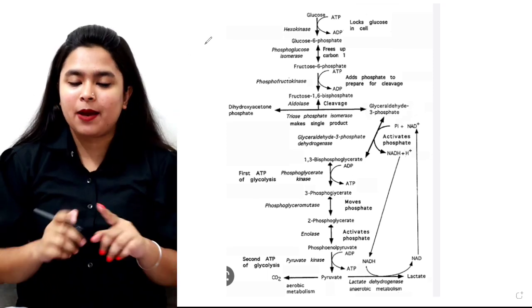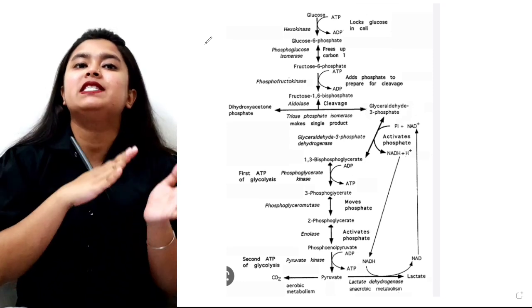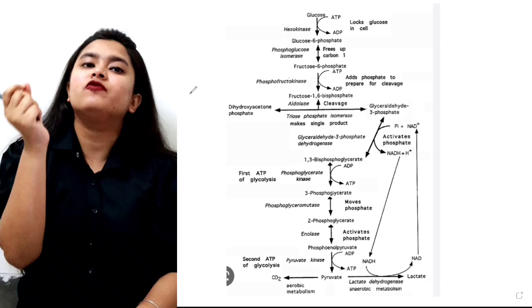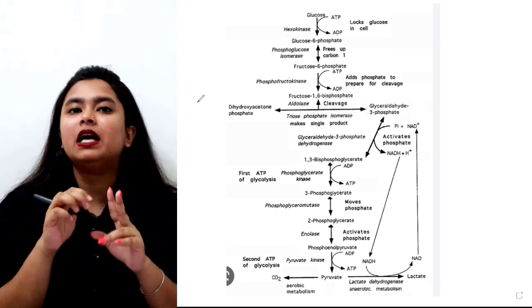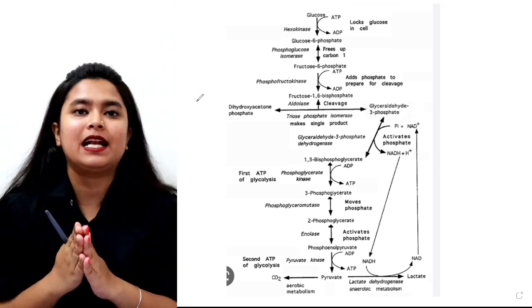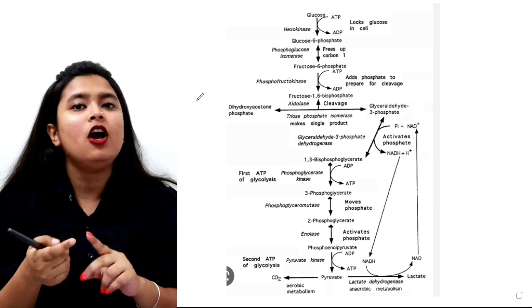The first step is where glucose is converted into glucose 6-phosphate with the help of the enzyme hexokinase. That means a phosphate group is added, and with the 2 sugars we can begin the first step of glycolysis. If it is a glucose sugar, a simple sugar, we can convert it into pyruvate, or if it is a fructose sugar, we can also convert it into pyruvate.